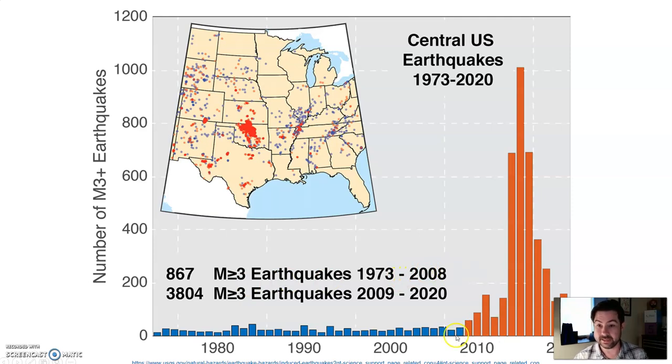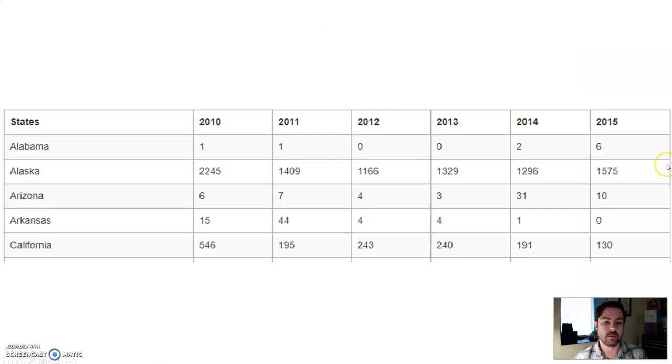But then in about the last 10 years, you see it spike just out of nowhere. That's not because something different with the earth is happening. It's because this is when fracking, the hydraulic fracturing drilling for natural gas, really became a big thing. So, yeah, Oklahoma, a lot of earthquakes. Who knew?